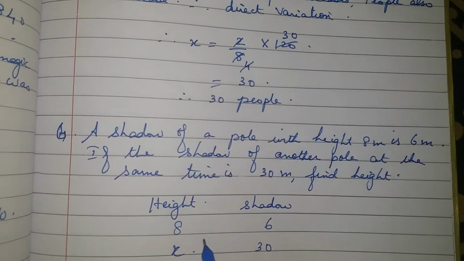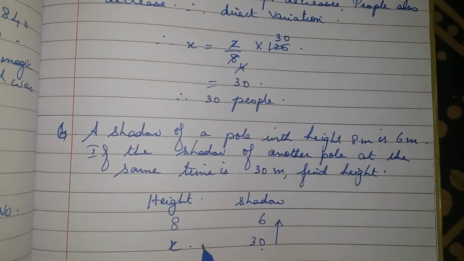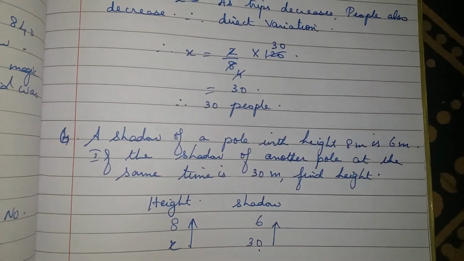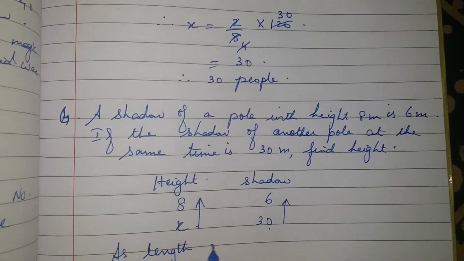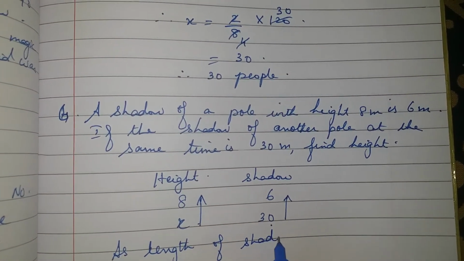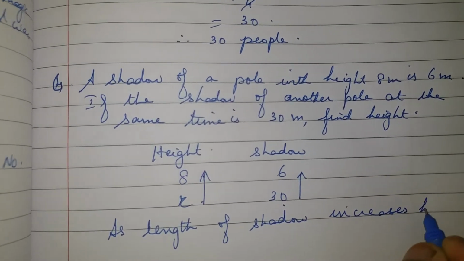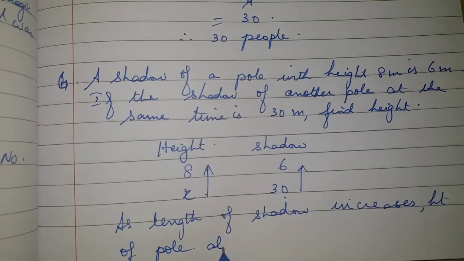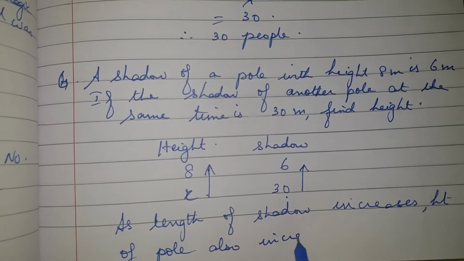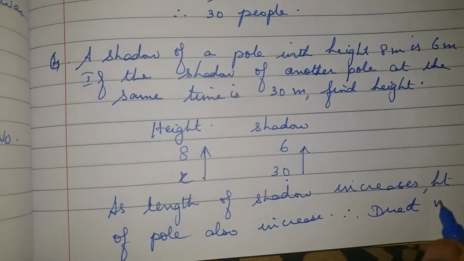So the shadow increases from 6 to 30, therefore the height will also increase. So you write as length of shadow increases, height of pole also increase. Therefore direct variation.